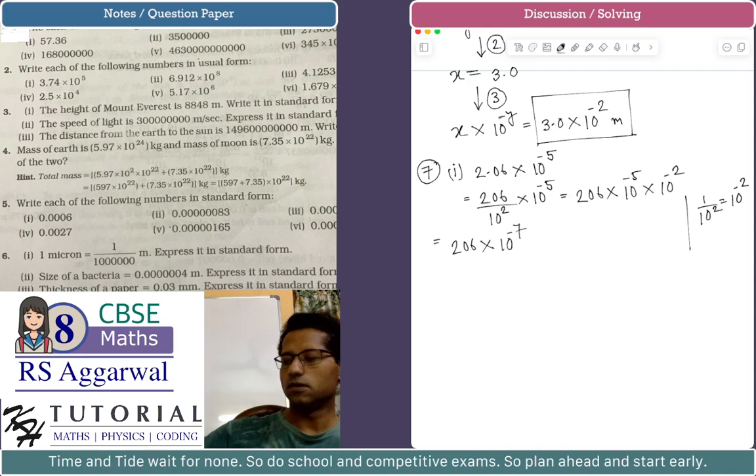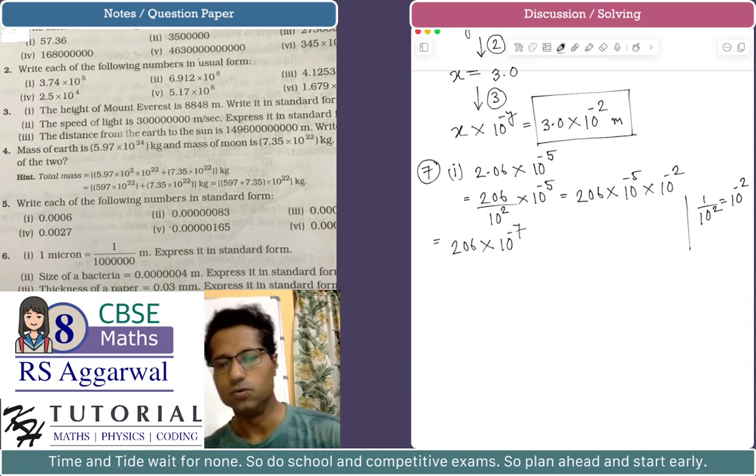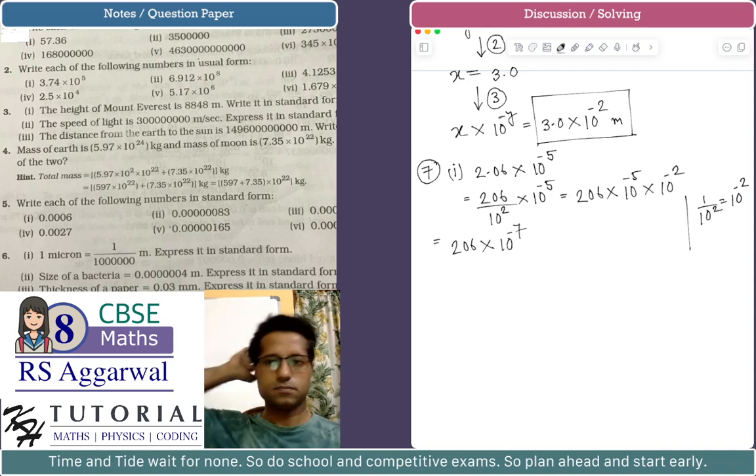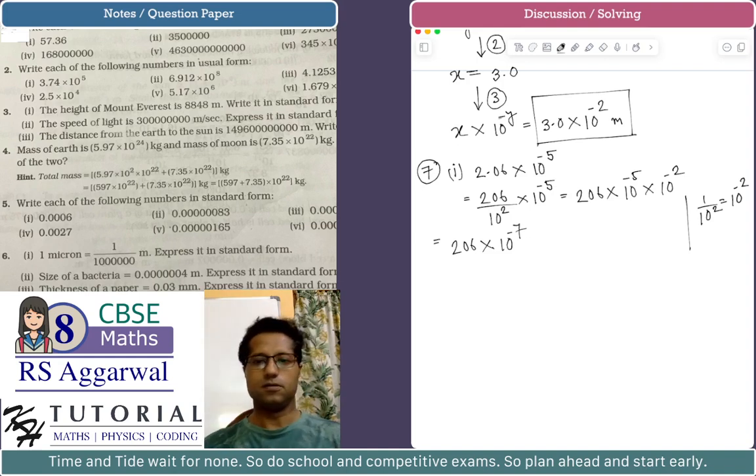Now it is all about applying your concept of how you multiply a decimal number with the powers of 10. Basically this is a division, dividing a decimal number by the powers of 10. When the power of 10 is negative, you are dividing 206 by 10 to the power 7.